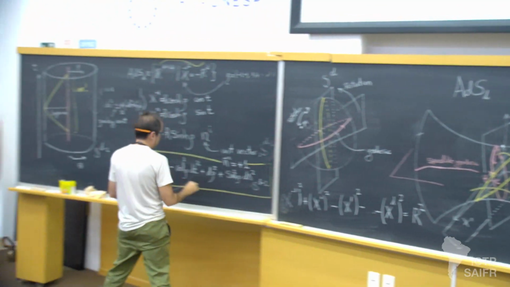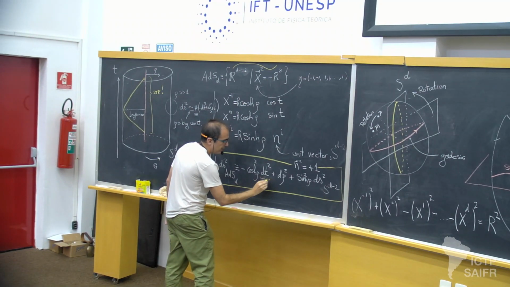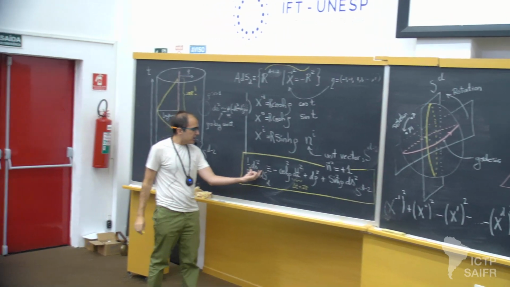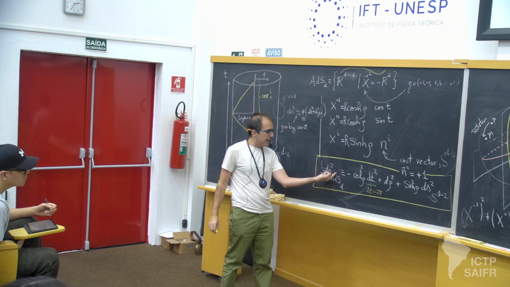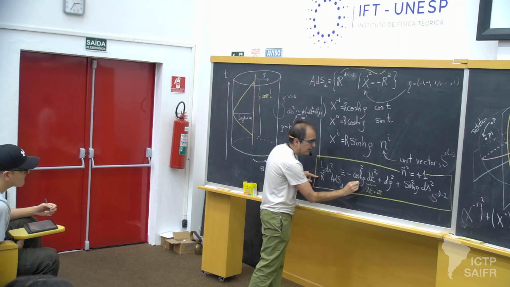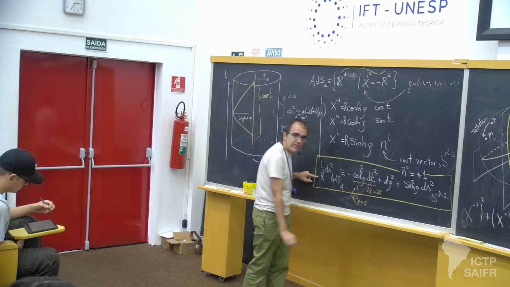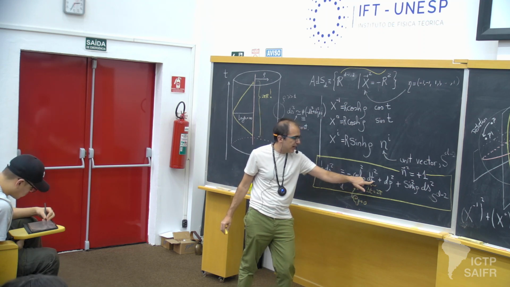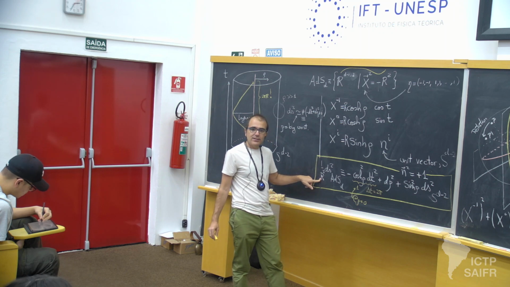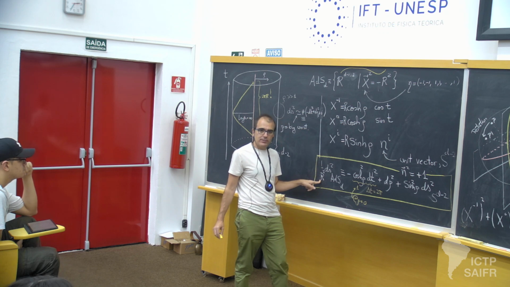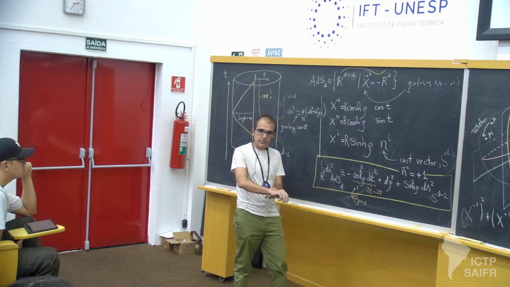That means that this time here evolved delta t equal to 2 pi. But that's not the proper time for me. The proper time for me, there is this r squared here. If I am in the center of ADS, when rho is equal to 0, this factor is 1. If I'm in the center of ADS, this is 1, this is 2 pi, this is the interval of time, but I multiply by r. So the time that passes for me, that I'm in the middle of ADS, is 2 pi times r. So that's the time in my clock.